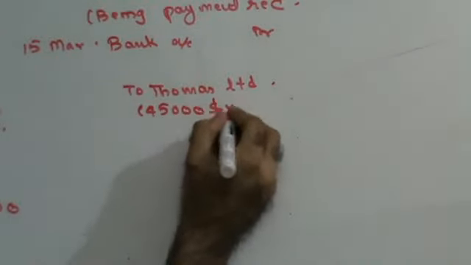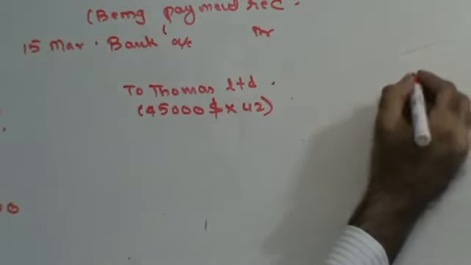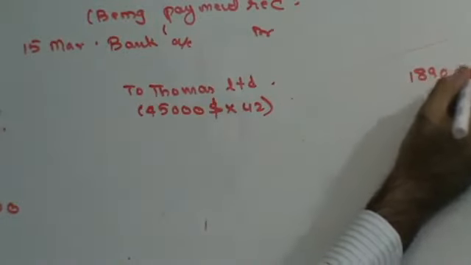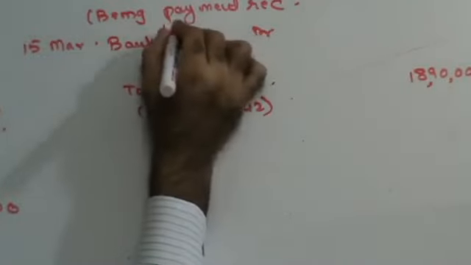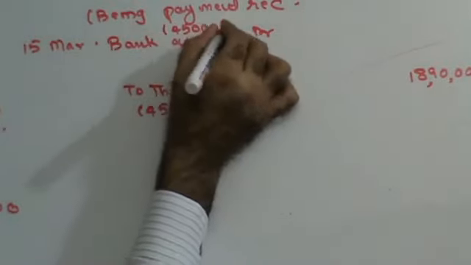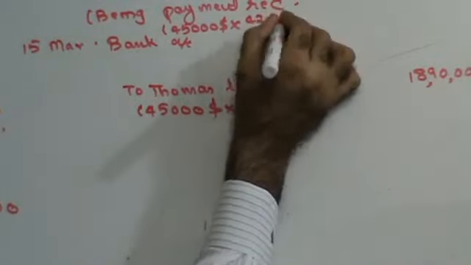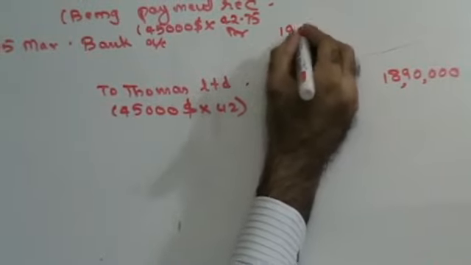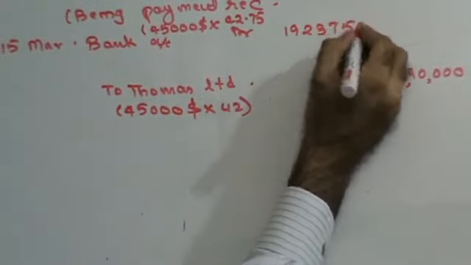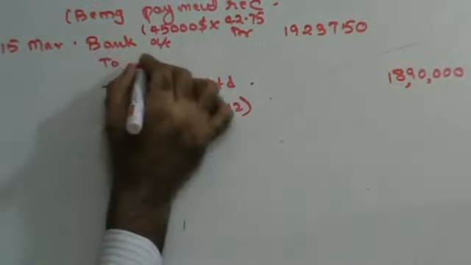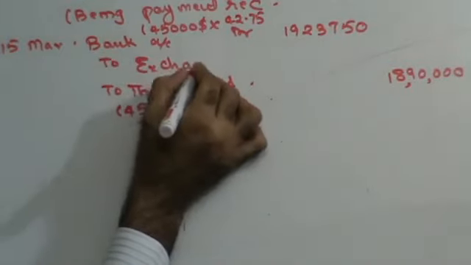You had sold to him at the rate of 42, that is 18,90,000. On the date of payment on 15th March, the rate is 42.75, that is 19,23,750. The difference will be called exchange difference.